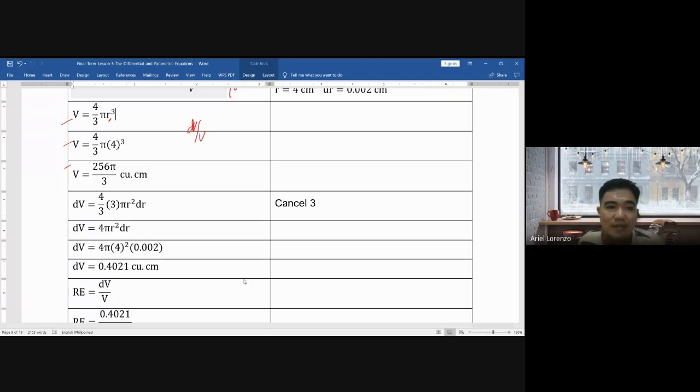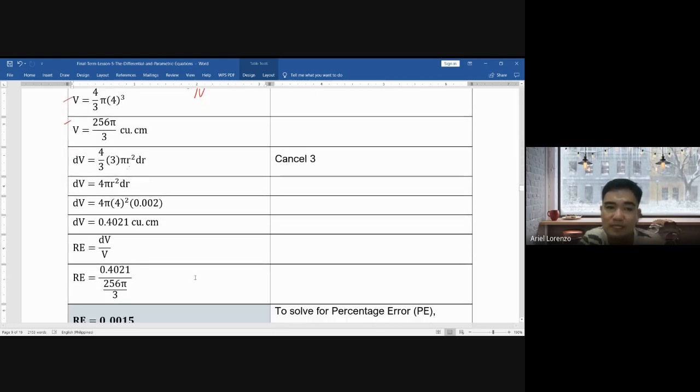So ang volume class is 256 pi over 3 cubic. The derivative of V class is 4/3 baba si 3, then pi, minus 1 si exponent ni R squared, derivative ni R, dr. Okay, you have your dr which is 0.002, you have your r which is 4, and then ang nakuha class na derivative ni V is 0.41 cubic centimeter.